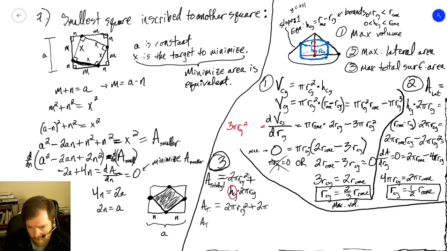So 2 pi r cylinder squared plus 2 pi r cylinder times r cone minus r cylinder. Two pi r cylinder squared plus 2 pi r cylinder r cone minus 2 pi r cylinder squared. Is this really how it's going to go?